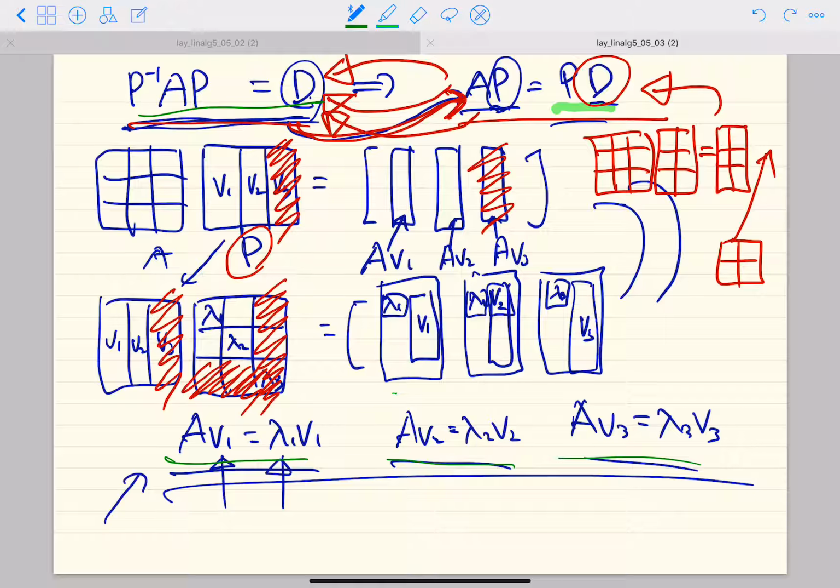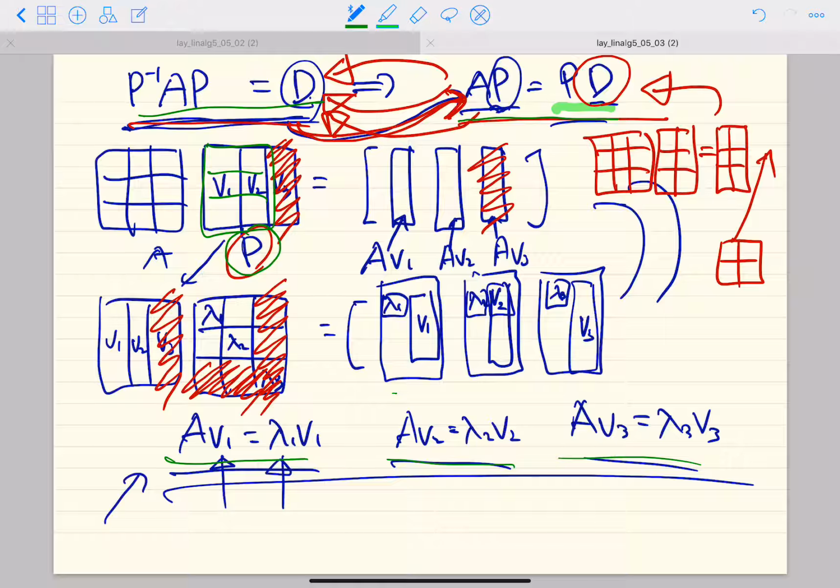And so if we can find only 2 eigenvectors, given this 3 by 3 matrix, then let's form P as 3 by 2, by just choosing the 2 eigenvectors that we know.